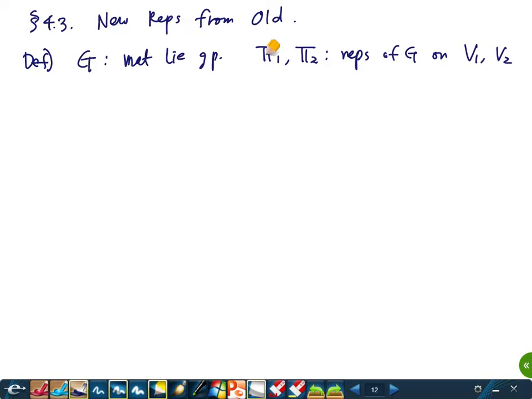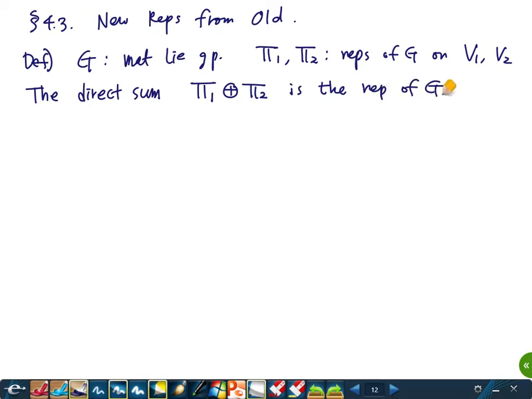So this is a representation acting on V_1, this is a representation acting on V_2, and the direct sum, denoted pi_1 direct sum pi_2, is a representation of G. So we make a new representation acting on the direct sum of these vector spaces, V_1 direct sum V_2.